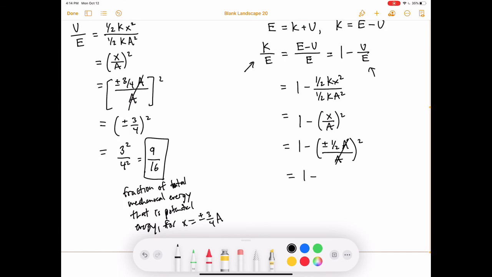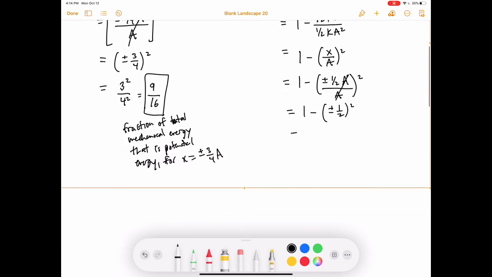We have 1 minus plus or minus 1/2 squared. So that's just 1 minus 1 squared over 2 squared, 1 minus 1/4, that's 3/4.